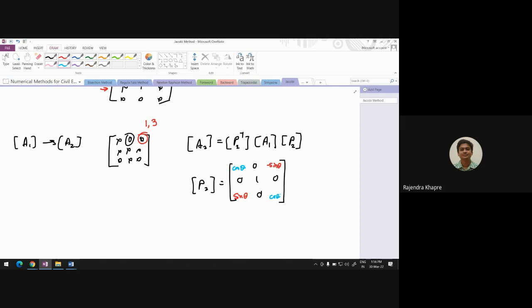So big calculations. Likewise, when you keep on going on and on, what you will find at A6 is that the given matrix is converted into a diagonal matrix, and all the diagonal elements are nothing but your eigenvalues. It's a big task. Okay, now what about the eigenvectors?